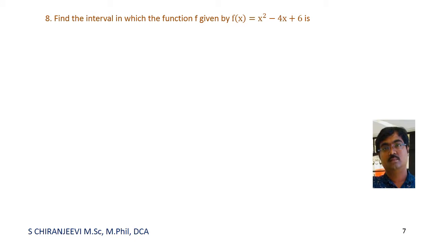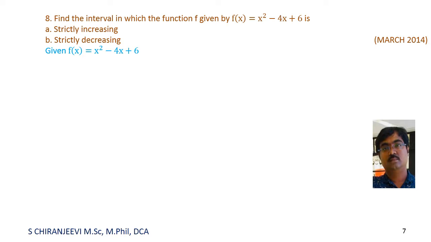Next, the eighth one. Find the interval in which the function f given by f of x equal to x square minus 4x plus 6 is first strictly increasing and second strictly decreasing, which was asked in March 2014.